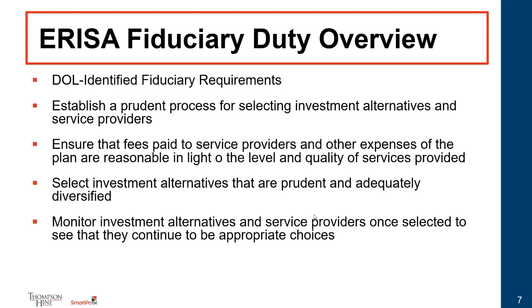They need to select investments that are prudent and diversified, and they need to monitor. So I think the key takeaways, which you're going to see in my 10 best committee practices that we're going to get to in a couple slides, are that the focus here is process: have reasonable, prudent, and monitor.